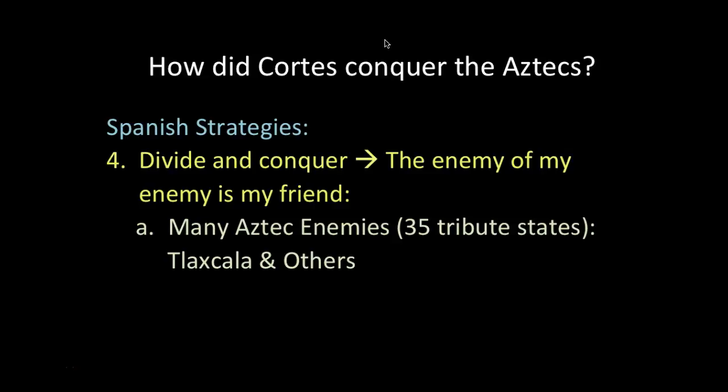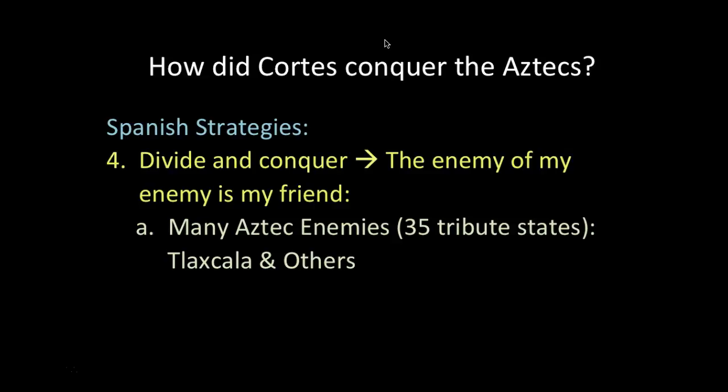Some, like the Tlaxcala and several other groups, hate the Aztecs and have been fighting them nonstop for the last few hundred years. And with the help of Doña Marina, Cortes is able to understand that the Tlaxcala hate the Aztecs and want to fight them, and therefore is able to attempt and is successful at becoming friends with the Tlaxcala.